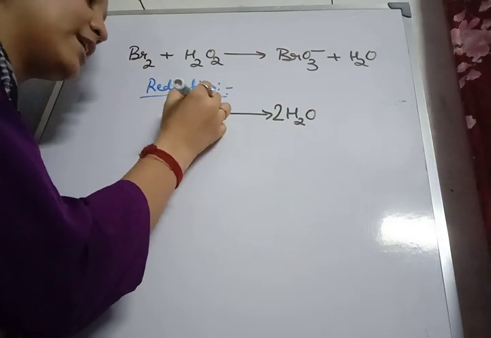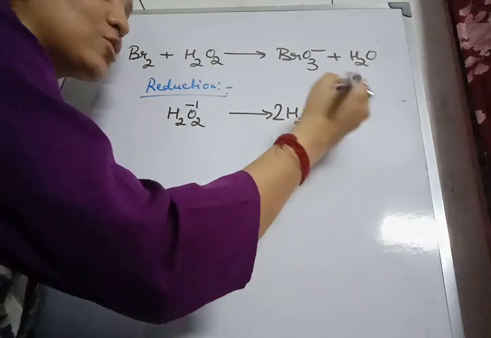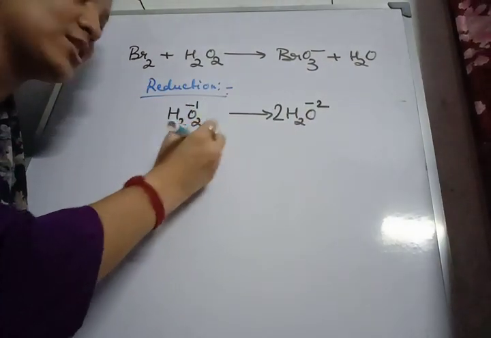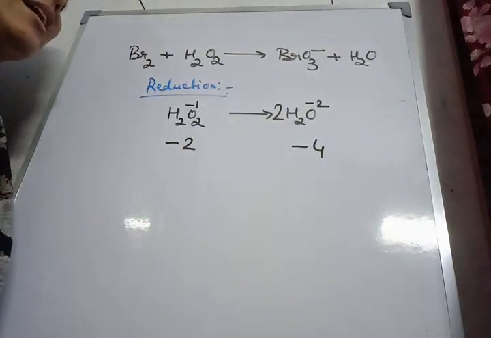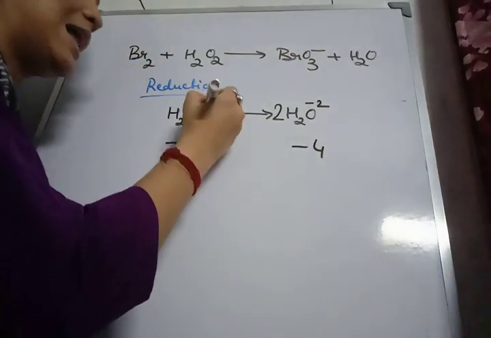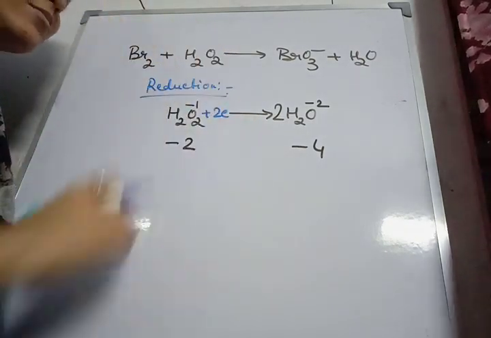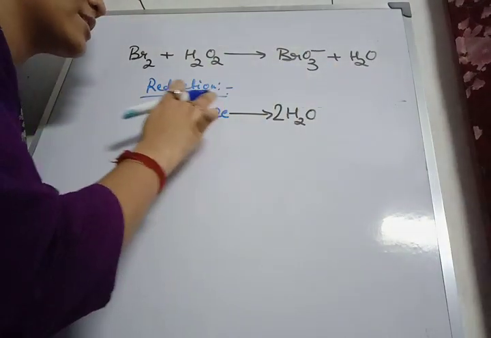Left hand side each oxygen has -1, and on the right hand side each oxygen has -2. That means 2 oxygen will be having -2 charge and here 2 oxygen will be having -4 charge. To balance the oxidation state, I'll be adding 2 electrons on the left hand side. Now this equation is balanced with respect to the oxidation state.